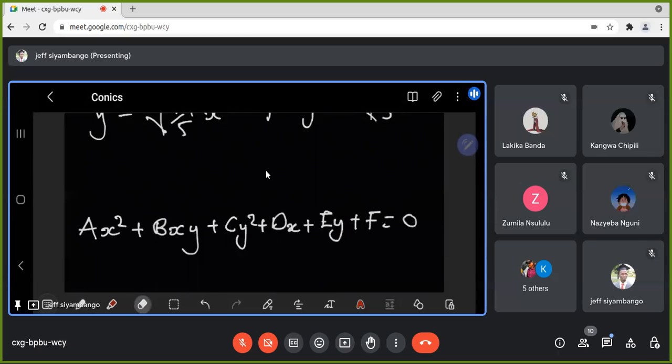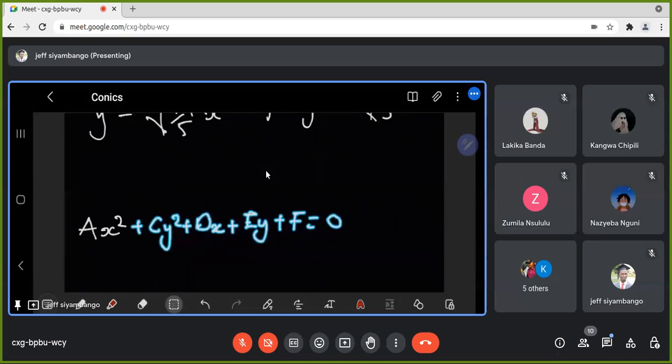But for now, we are focusing on conics which do not have the cross product. So this is what you're going to have. Of course, this is just some general representation.